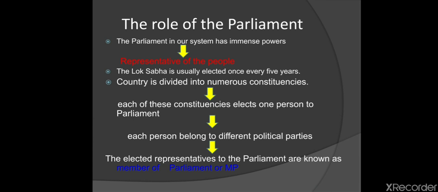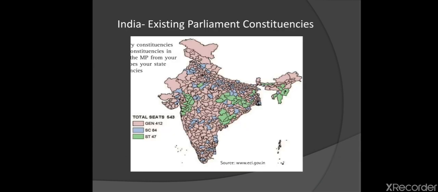Again I'm repeating that the country is divided into 543 constituencies, and from each of these constituencies one person is elected, from different political parties. That person who is elected is a representative to the Parliament on behalf of the people, and is known as the Member of Parliament or MP.